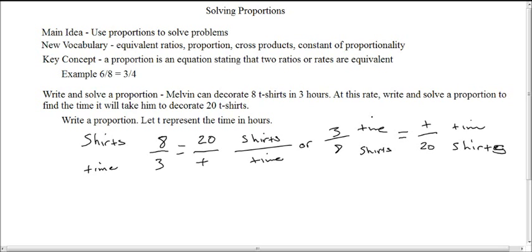So the first step, we say, is to write a proportion. So I'm going to go ahead and change the color on this pen so you can see it. This will probably be the longest video. I just want you to be able to take a look. So the first step is to write a proportion. So we will have 8 over 3 is equal to 20 over T. So in this step, we wrote a proportion.